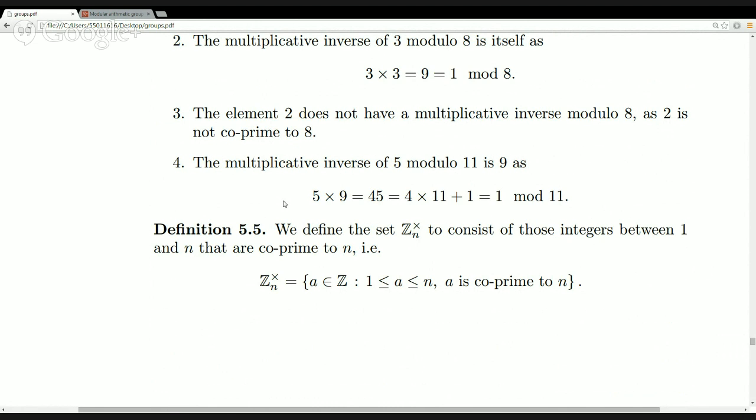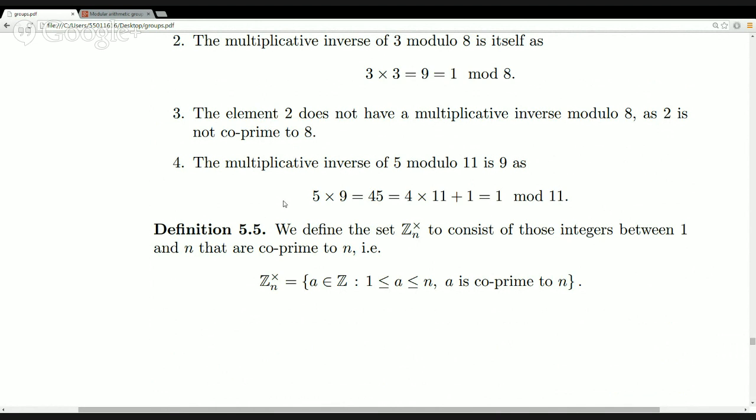So coprime, we explained yesterday, is a relation between a pair of integers. Two integers are coprime to one another if they don't share any common integer factor apart from 1. Every integer can be divided evenly by 1.